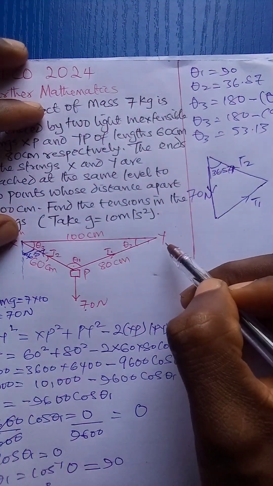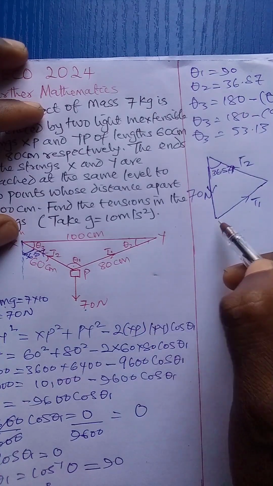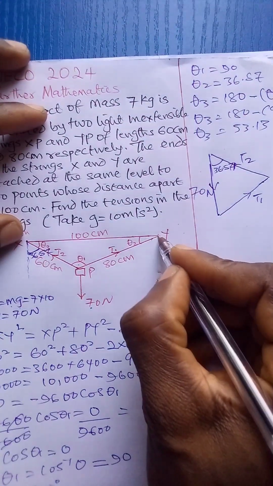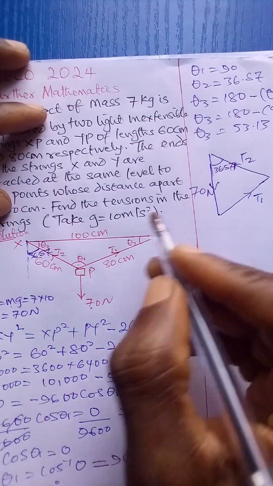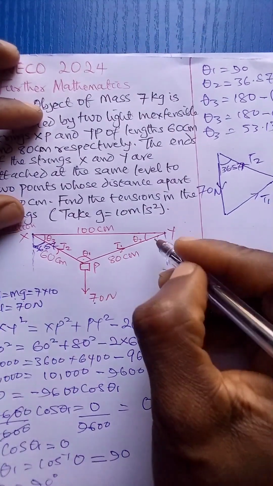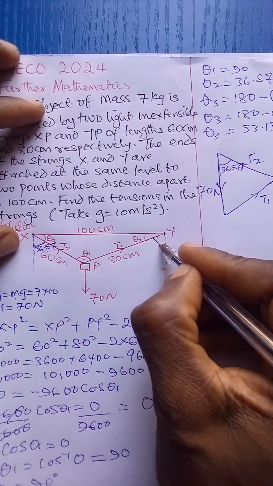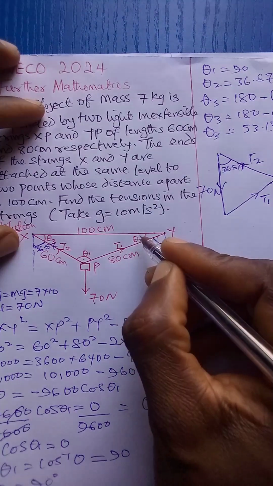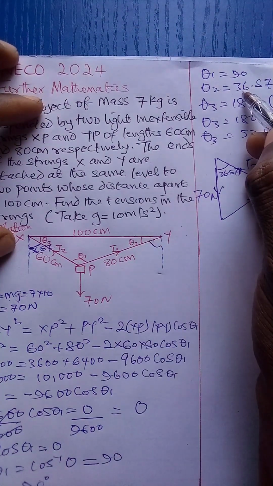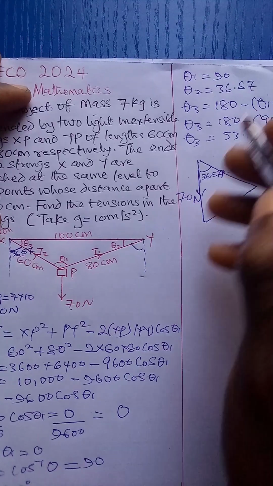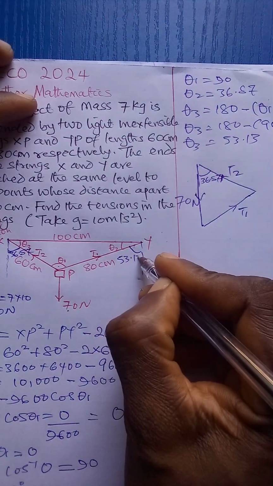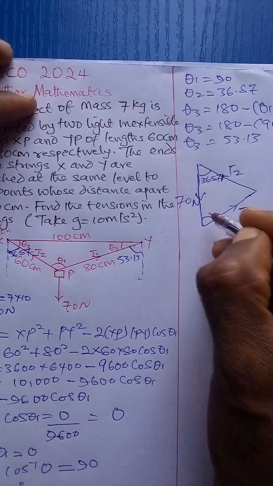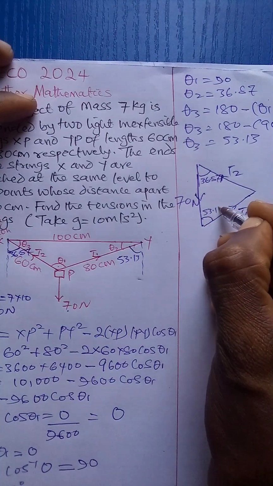Let us also do the same thing to this other side. If I put a perpendicular to this xy at point y, as I did at point x, I am going to get the complementary of theta 2. Let's remember theta 2 is 36.87, and so its complementary is 53.13, and so this angle is 53.13.